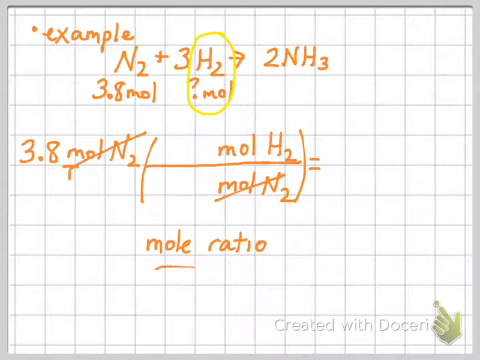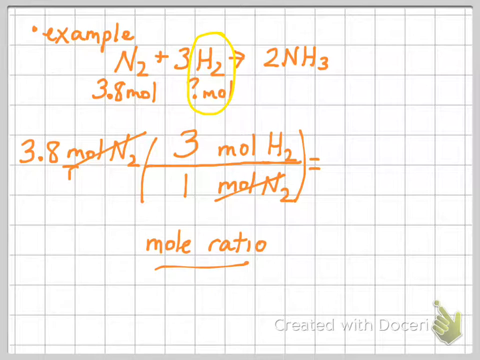Now, again, where do I get these numbers? This is a mole ratio, right? To get my numbers from my mole ratio, I use my coefficients from my balanced equation. So my coefficient in front of hydrogen is 3, so I put a 3 in front of moles. My coefficient in front of nitrogen is 1, so I put a 1. Now again, we multiply by numbers in the numerator, we divide by numbers in the denominator.